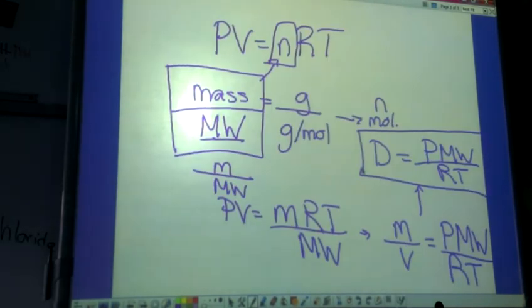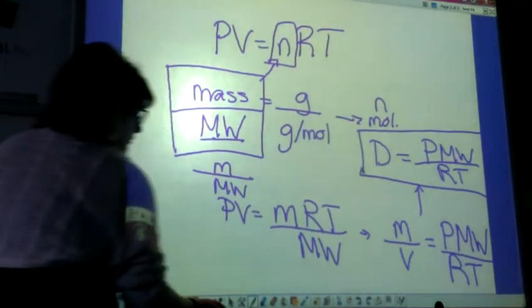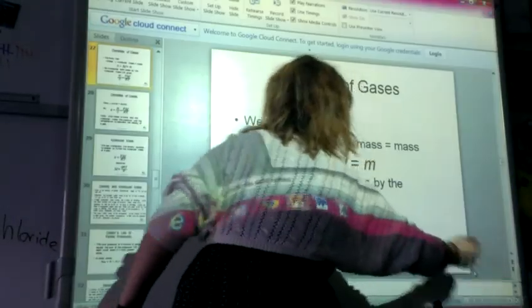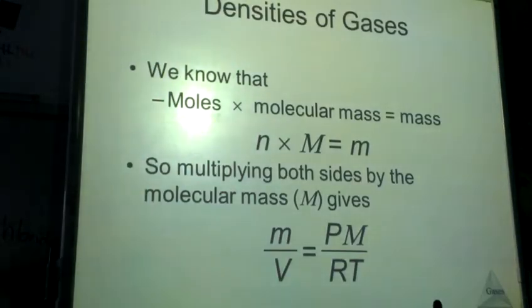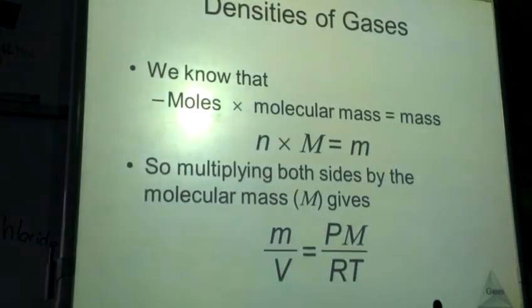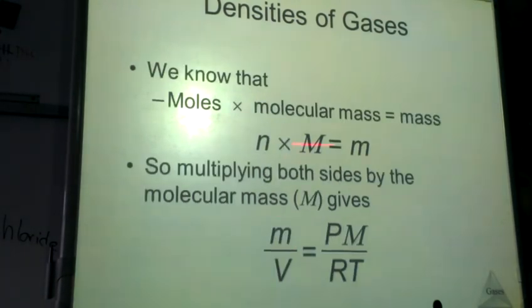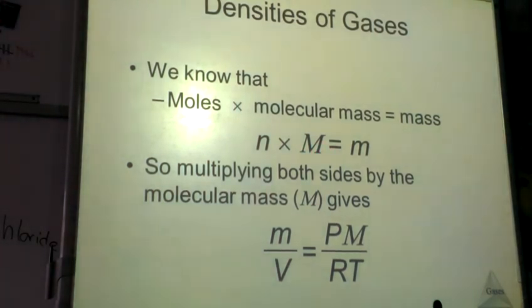Okay, if we go back to our slides, in your notes, ultimately we did the exact same thing, only in your POGL, you did it for me instead. I said capital M was molecular mass. In your POGL, we used MW, which just means molecular weight, but it's the exact same thing. So I just rearranged.